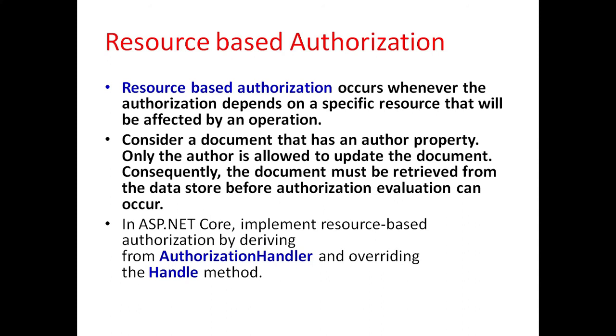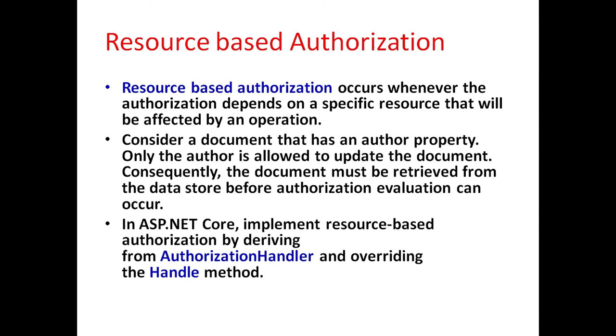Consequently, the document must be retrieved from the data store before authorization evaluation can occur. In ASP.NET, implementation of resource-based authorization is done by deriving from AuthorizationHandler and overriding the Handle method.